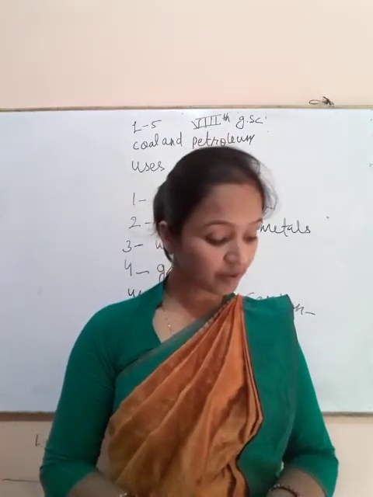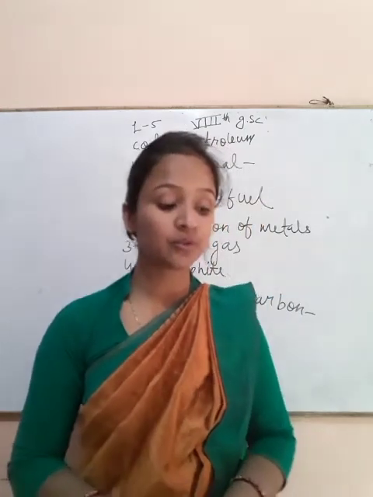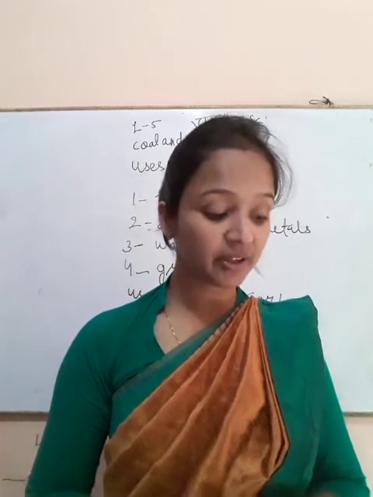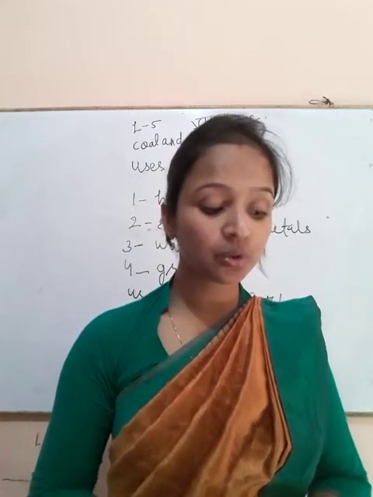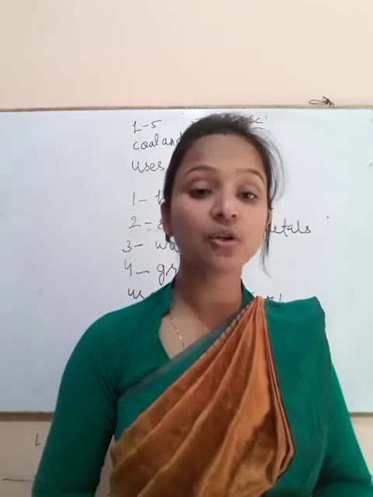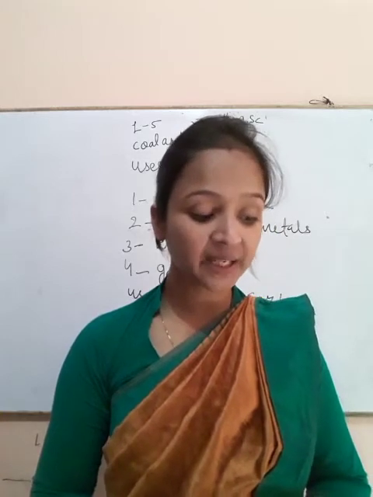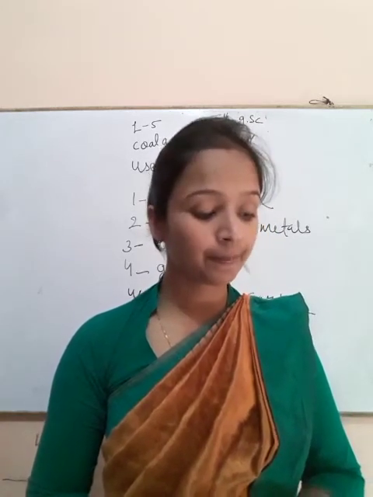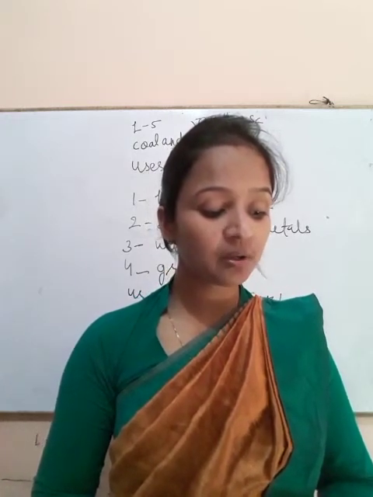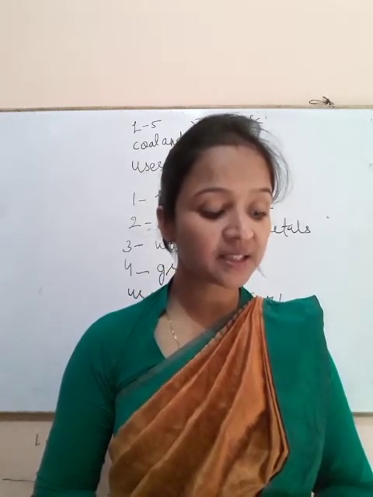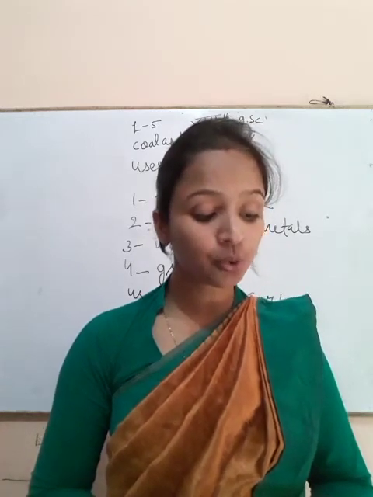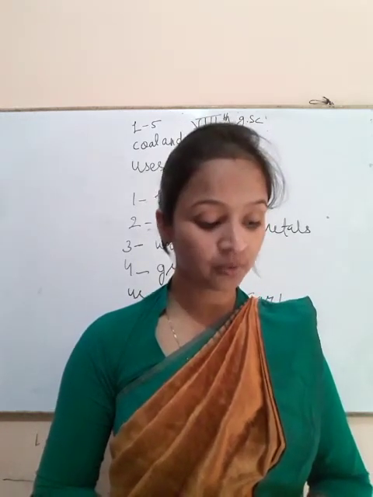Oral questions are given on page number 58 and you have to do them yourself. What is the name of the process in which wood changes to coal over millions of years? Second question, what is the name of the oldest variety of coal? Name the 4 major products formed by the destructive distillation of coal and state any 2 industrial uses of coke.